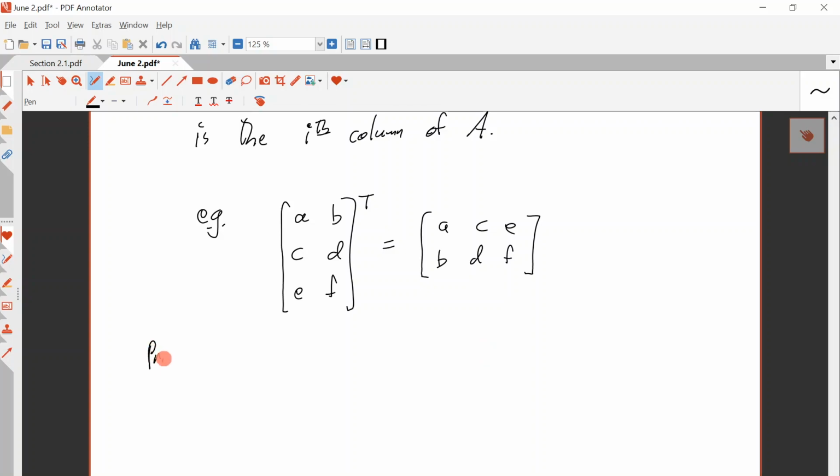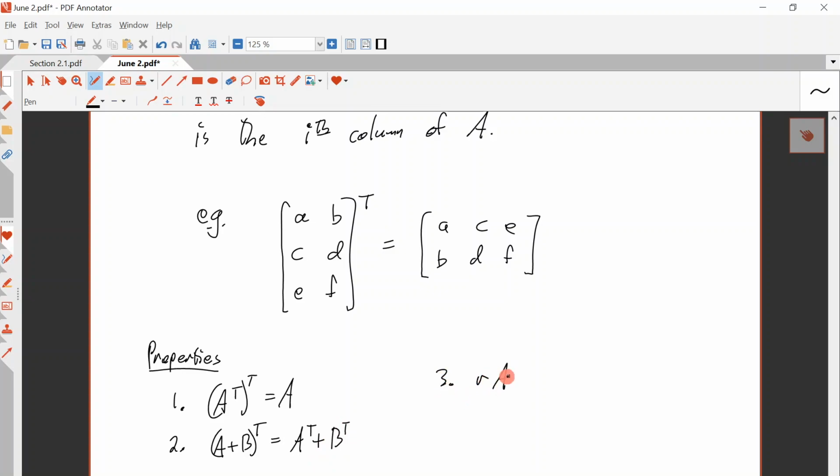And then some properties of transposes. One, the transpose of A transpose is the matrix A back again. Two, if you add A plus B and then transpose, it's the same as transposing both and adding. Three, a scalar times A, transposed, is the scalar multiple of A transposed.